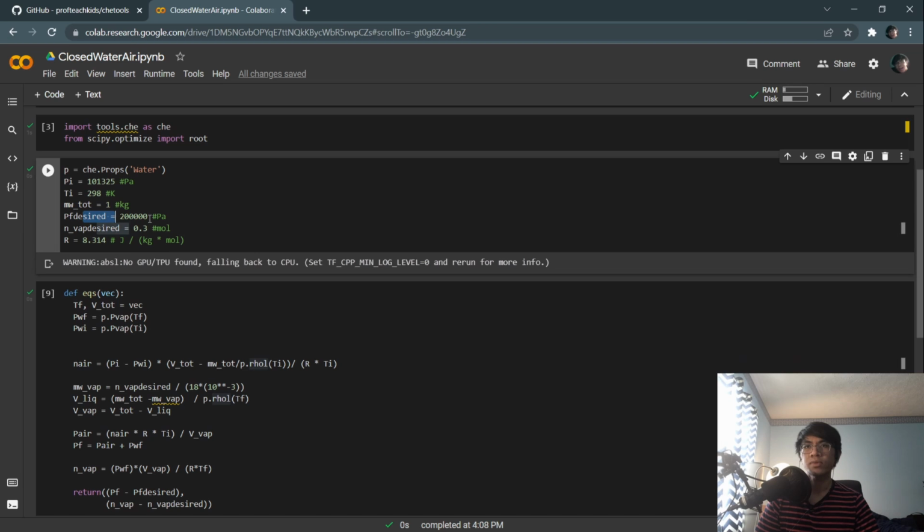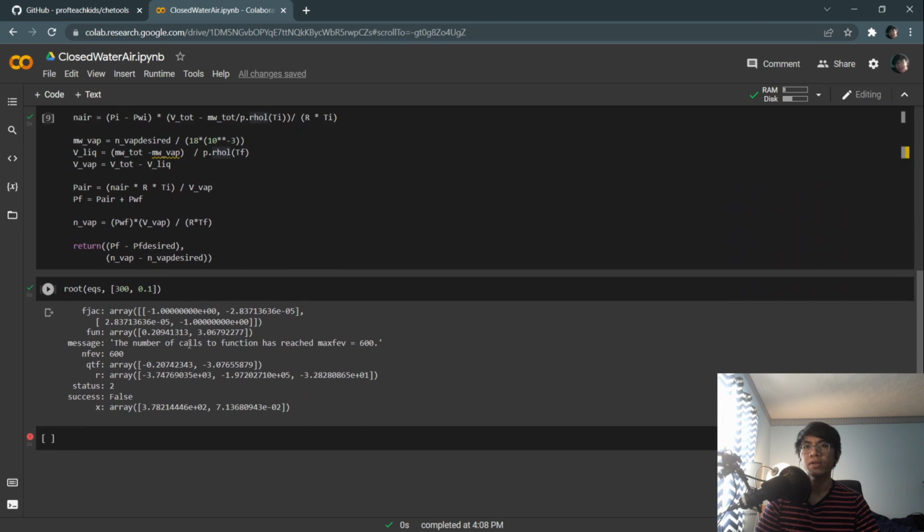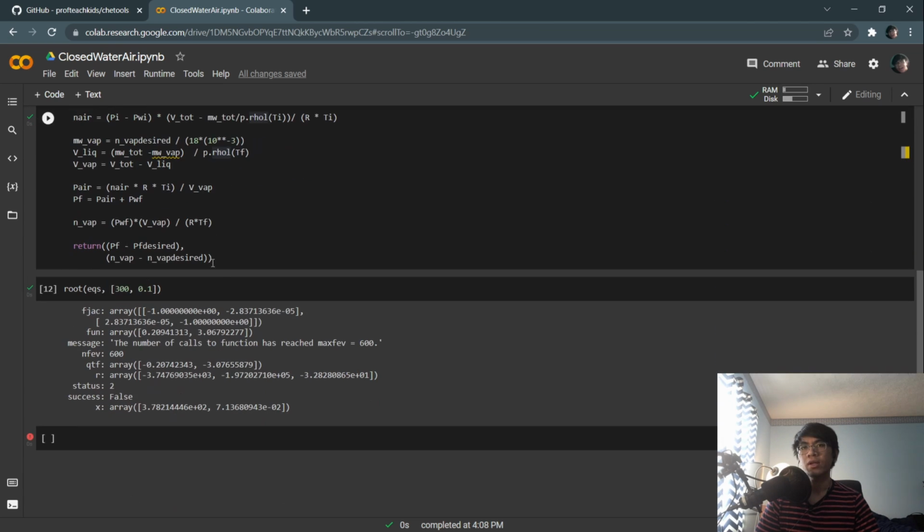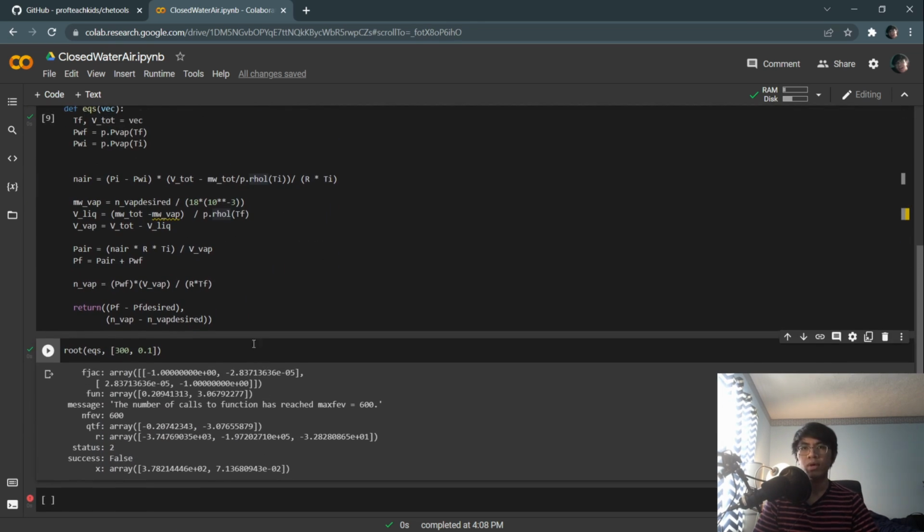And then this was our final pressure, 200,000 pascals, with the amount of moles in the vapor phase being 0.3. These two, the temperature and the volume, are the result of those parameters.